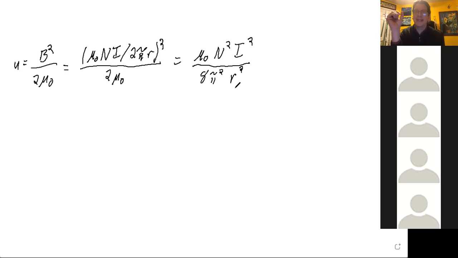So now you have your energy density as a function of r. So the energy density is not uniform inside the toroid, which means that if you want to calculate the total energy stored inside the toroid, you're going to need to integrate to get that answer.